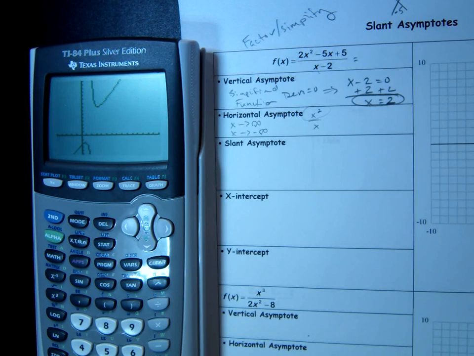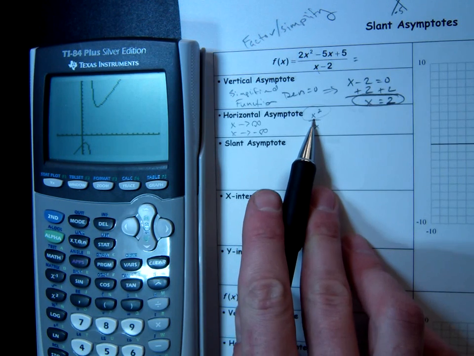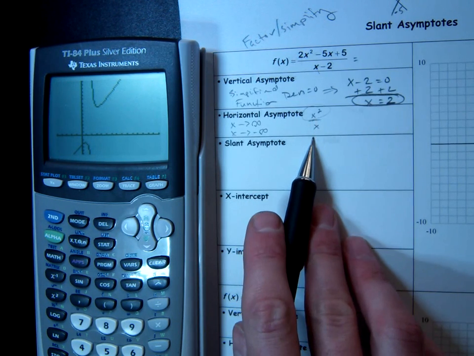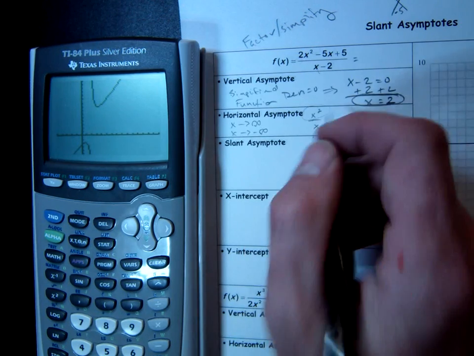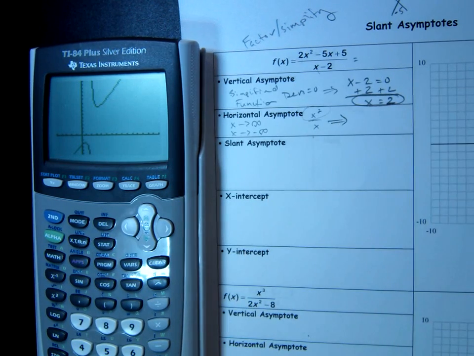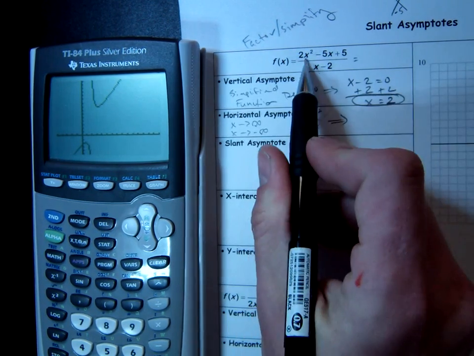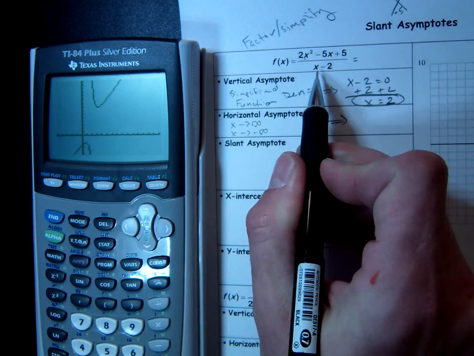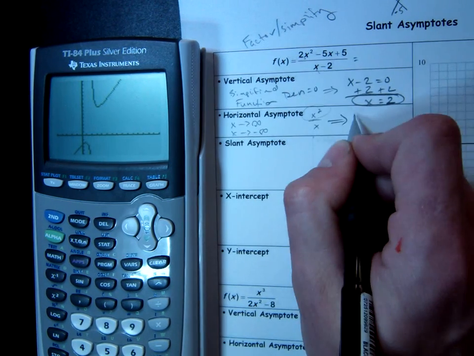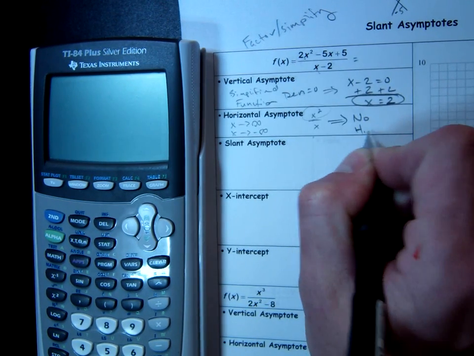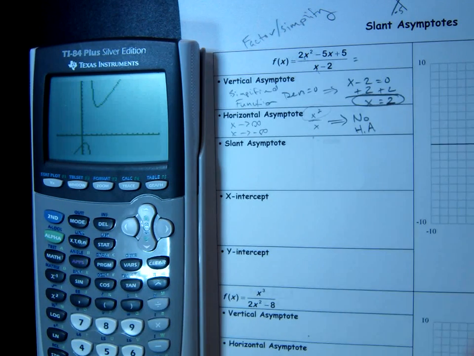If we put like 10,000 in there, that's going to be a much, much bigger number than this. So we learned before, one of our rules simply is that if the degree of our numerator is bigger than the degree of the denominator, there is no horizontal asymptote. The idea is that as x gets really big, the top number is going to get really big, so y will simply approach infinity.